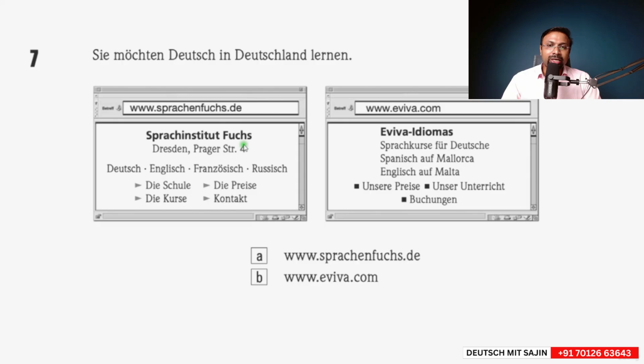So the first one here, sprachfuchs.de, Sprachinstitut Fuchs, Dresden, Prager Straße 4. The Fuchs means the fox. Deutsch, English, Französisch, Russisch, so German, English, French and Russian. The Schule means the school, the Preise means the prices, the Kurs means the course.